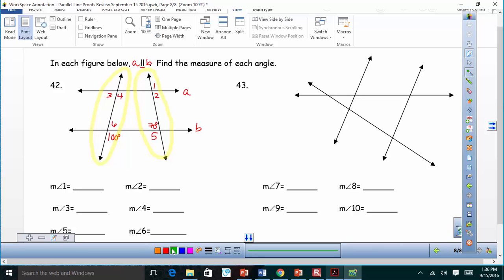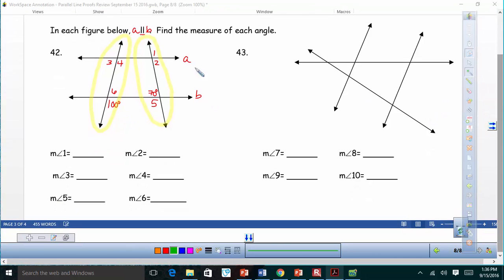Okay, so that means that angle 3, 4, and 6 I can only get using the angle 100. 1, 2, and 5 I can only get from using angle 70. So let's start with 100. Who wants to tell me a relationship they see with 100 and either 3, 4, and 6?